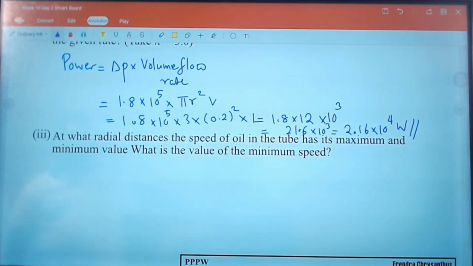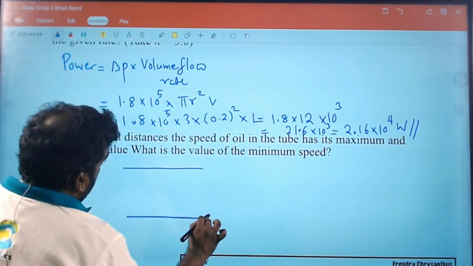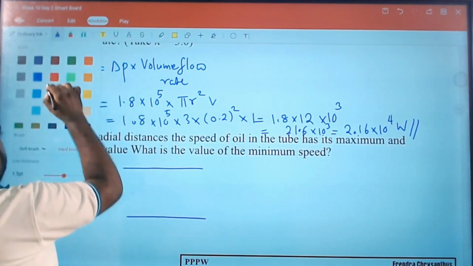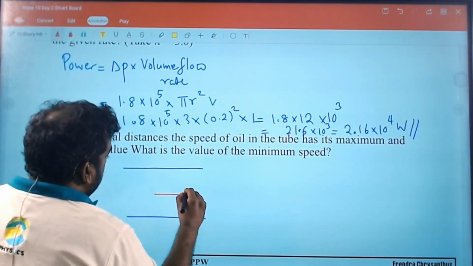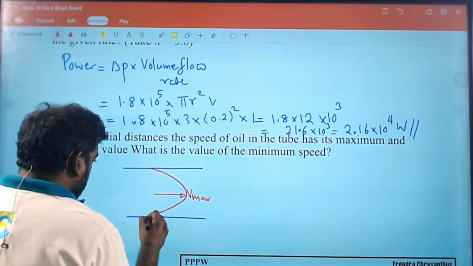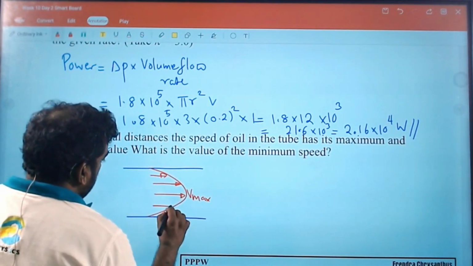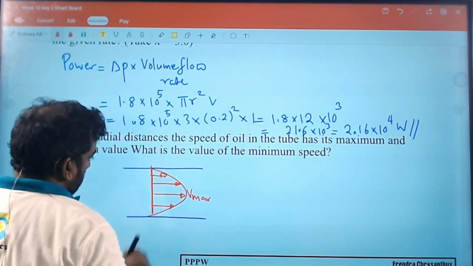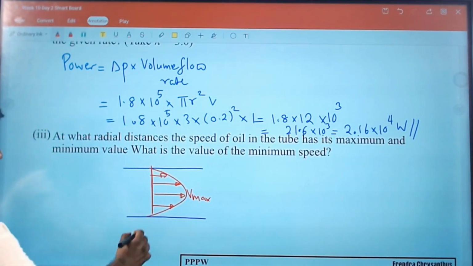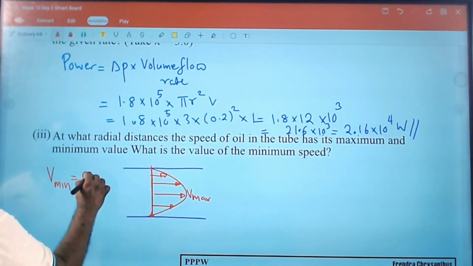At what radial distance the speed has to be maximum? If you take a tube and I draw the velocity profile, at the center only it's maximum. Then it starts reducing. So minimum velocity is 0, no slip condition.